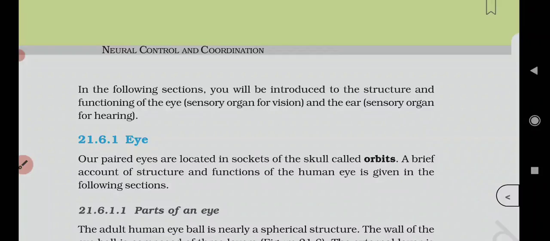Talking about the third layer, that is the retina, it has three cells: photoreceptor cells, bipolar cells and ganglion cells. Bipolar cells are present in the middle. On one side they connect with photoreceptor cells, and on the other side they connect with ganglion cells. Ganglion cells are part of the neurons, which have to carry the information.